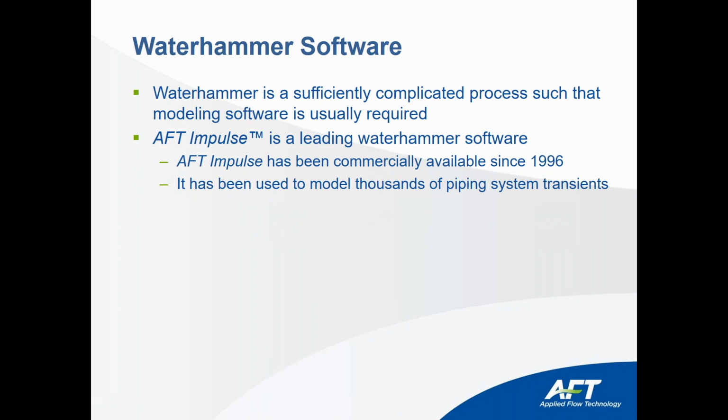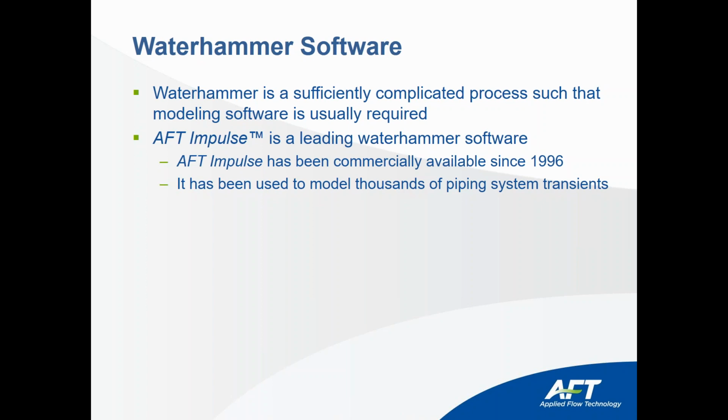Waterhammer software. Waterhammer is a complicated phenomenon, and there are manual calculation methods, but the best you can do is use software that is designed to do this type of study, and that is where AFT Impulse, which we'll be using during this seminar, comes into play.